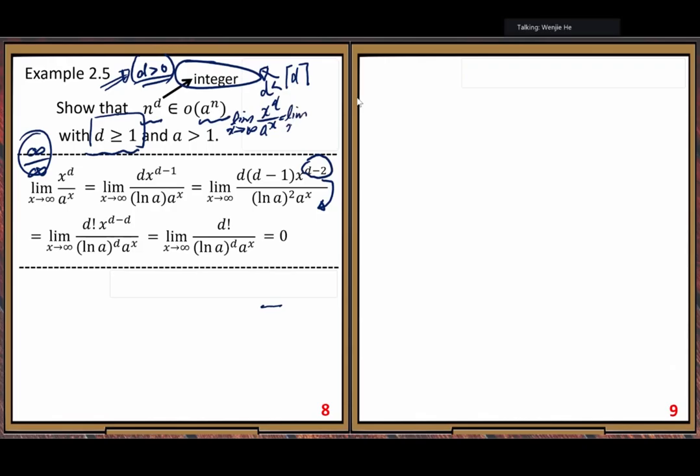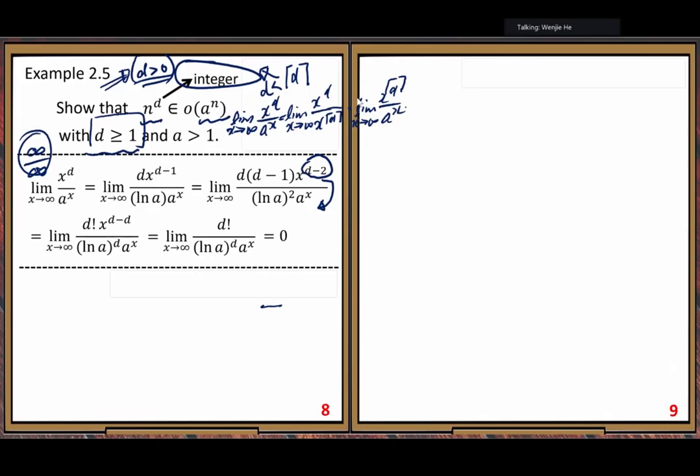The first part, x to the d over x to the ceiling of d. The second part, x to the ceiling of d over a to the x.